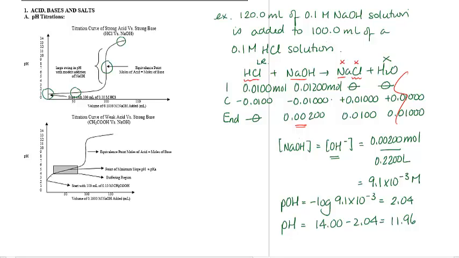Just like the strong acid versus strong base titration curve, in the weak acid versus strong base titration curve, we have also looked at a similar set of points. We have looked at the first point whereby we've calculated the pH of our weak acid solution without having added any NaOH.